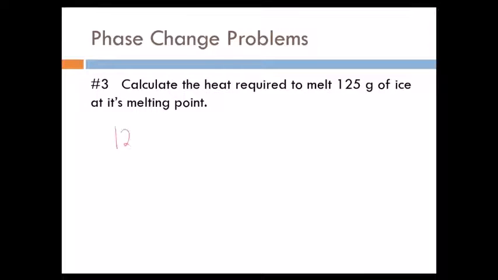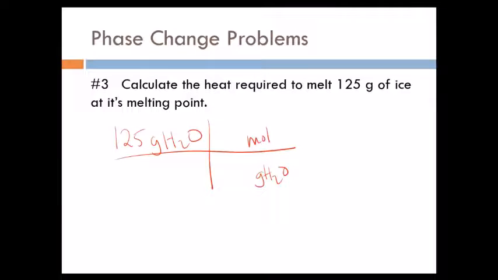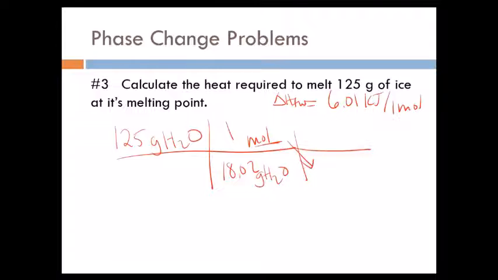So here, if I have 125 grams of ice, which is water, and I am going to melt it, the first thing I need to do is change my grams to moles, because the heat of fusion is kilojoules per 1 mole. That is for water off of the chart there. So 1 mole, and we know the molar mass of water is 18.02. You can refer to your periodic table for that. But this is where it gets a little tricky. Now the moles go down here and the kilojoules go up here.